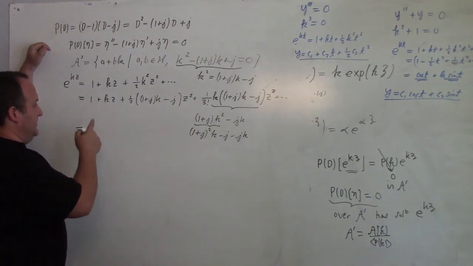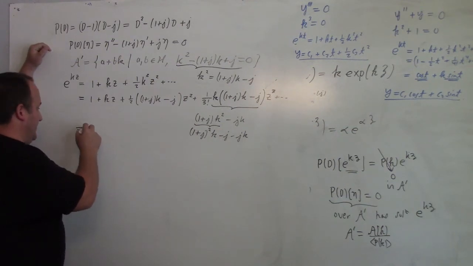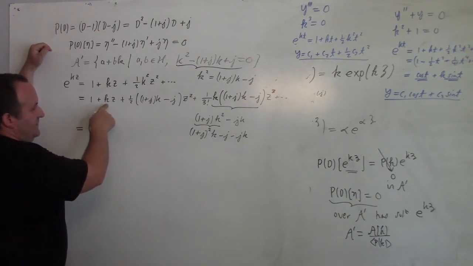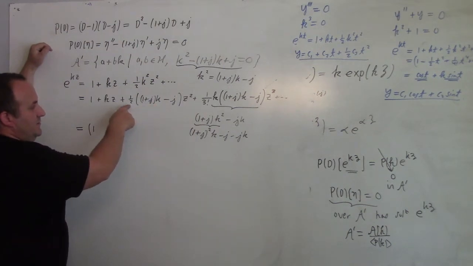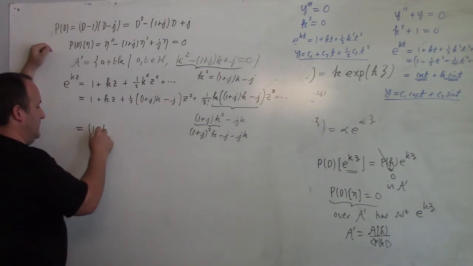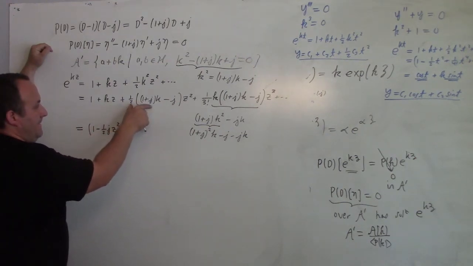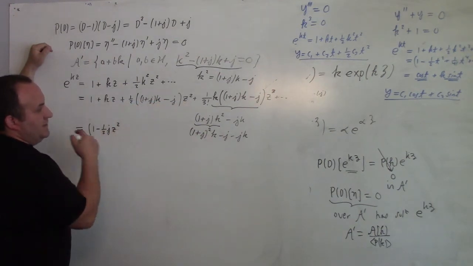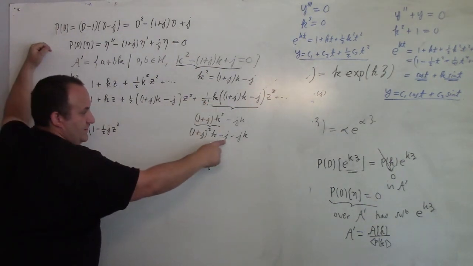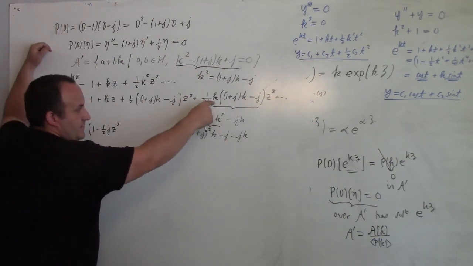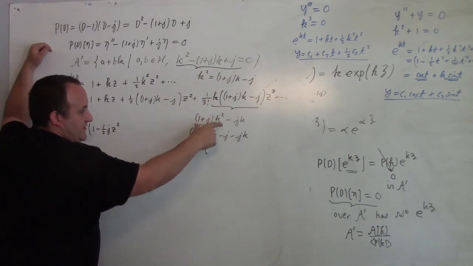What's the real part, so to speak? You got 1? Yeah. That's not there. There's k here, so forget that. Minus 1/2 j z squared. Right? And over here, I've got a 1/6.